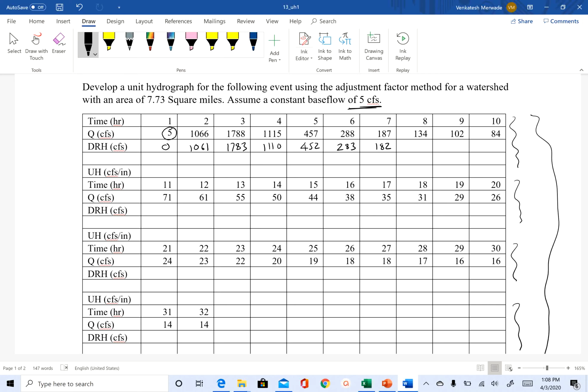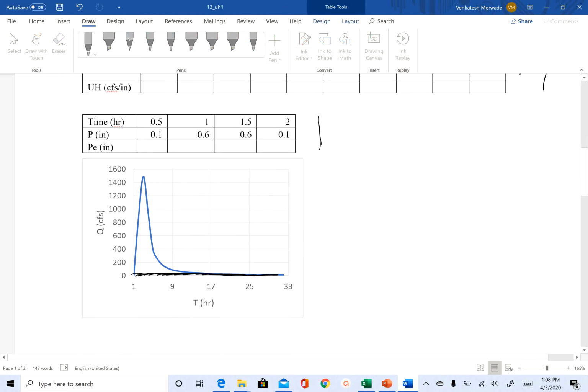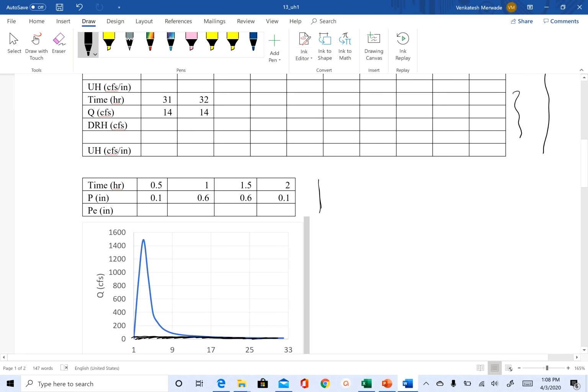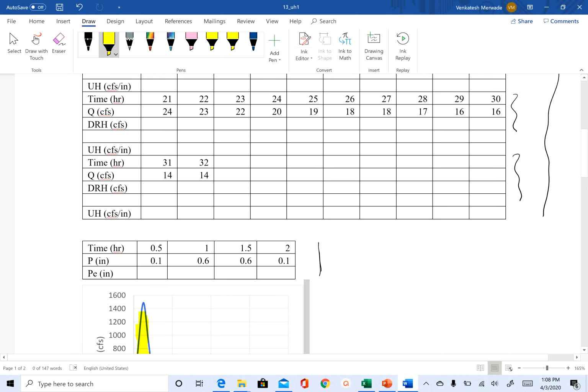Our next step then is to calculate this. So we just did this, so we subtracted base flow. Now what we are going to do is we are going to calculate the area under this curve and above base flow, and we have also learned how to do that.